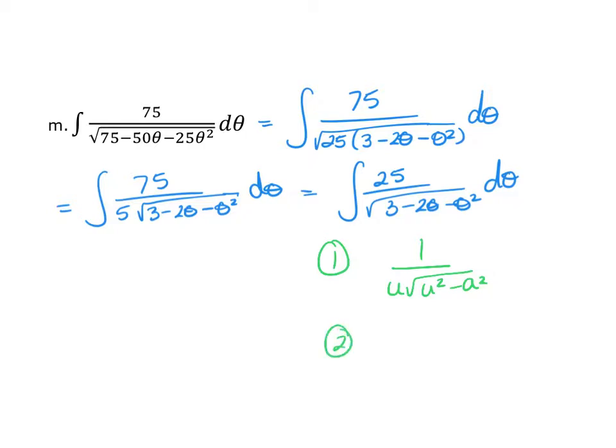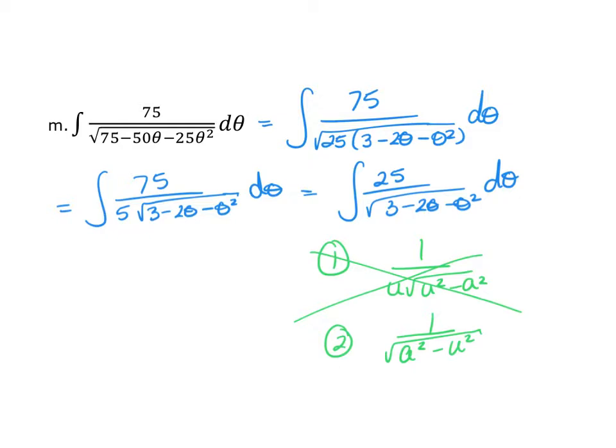Or I'm looking for 1 over the square root of some number squared minus something. Now, what I see is that there's no theta out front. Because there's no theta there, I know I'm not going to be using that one. So what I'm going to try to do is make sure that it matches.